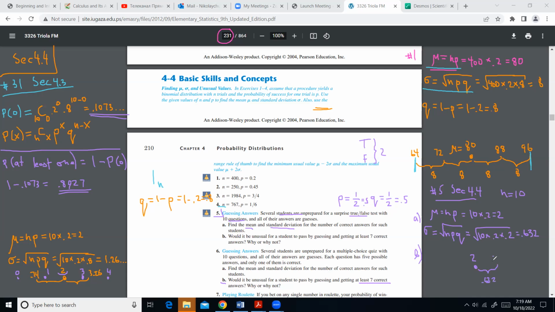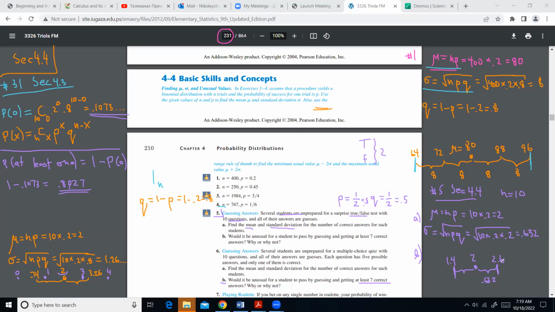Notice that it'll be like 2.6 approximately in one direction, and in the other direction like 1.4. So that's the ballpark that we expect. So the person will guess somewhere between 1 and 3, roughly speaking, right?